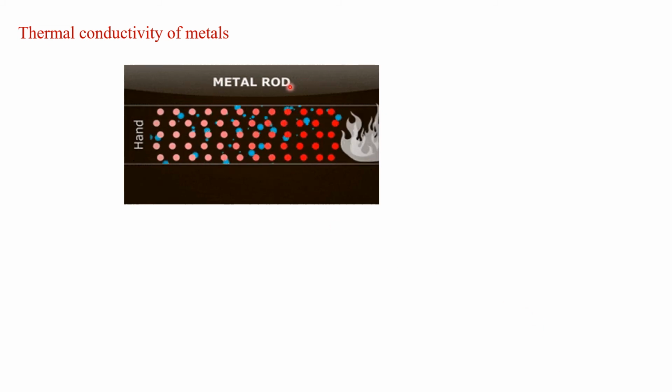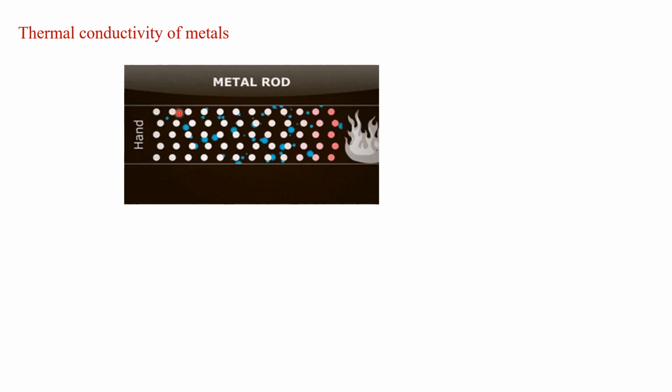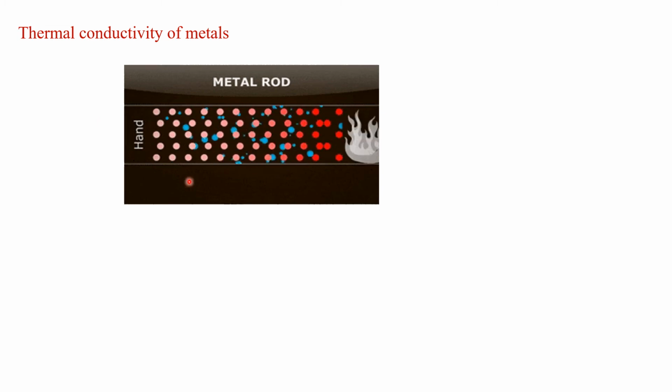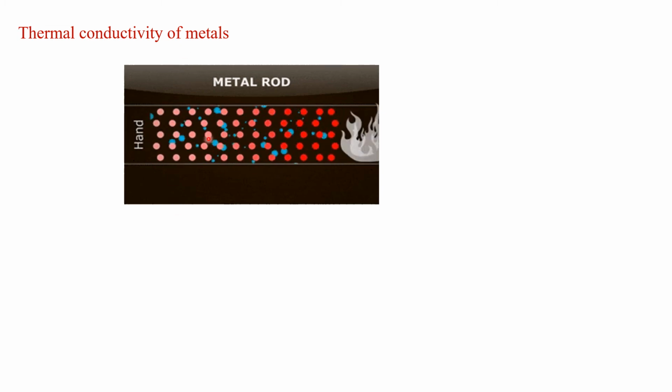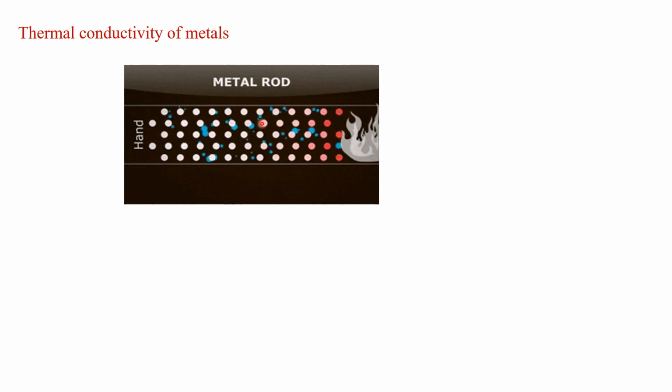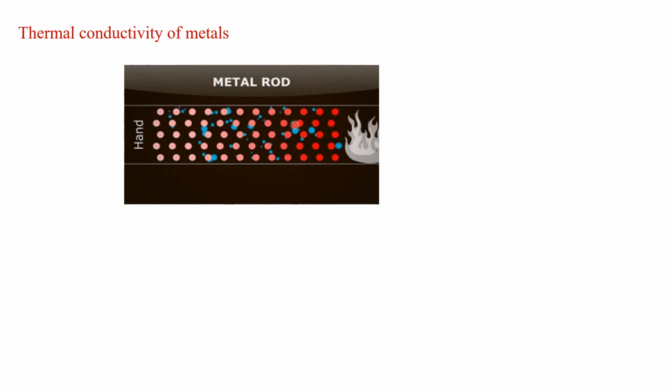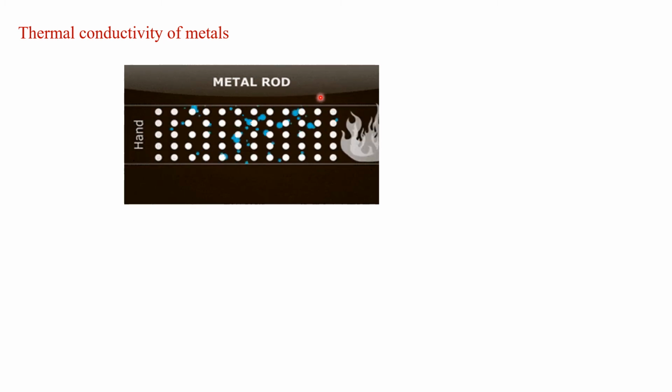This represents a metal rod, the structure of a metal rod. In this picture you can see these balls. These larger round balls show the metal ions, that means pure metallic atoms.